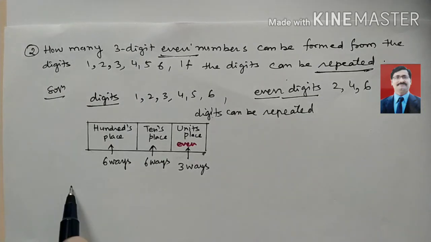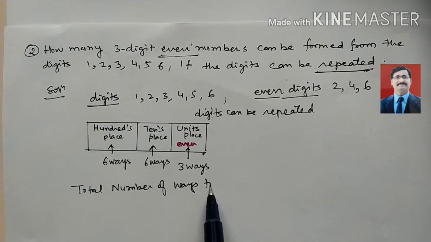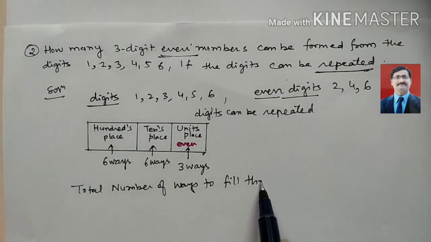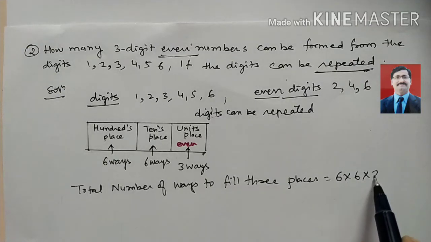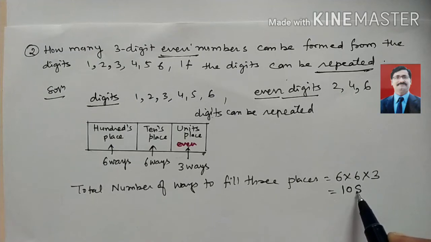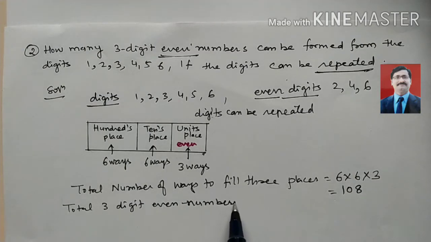So the total number of ways to fill 3 places is equal to 6 into 6 into 3, and that is equal to 108. So we will have a total of 108 3 digit even numbers. All understand this?